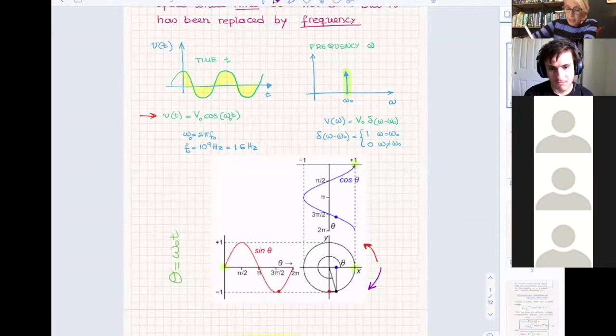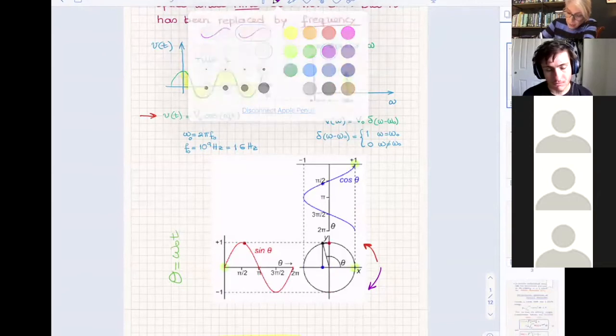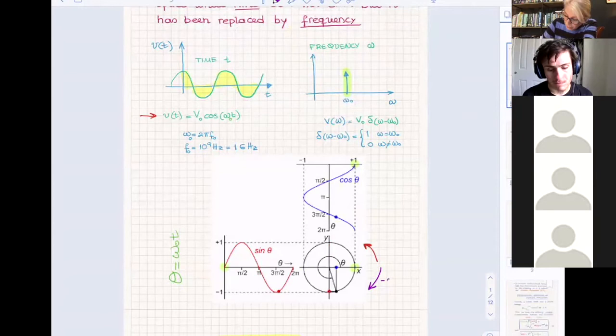So it's as if the phase here changes in the clockwise direction, and that will be equivalent to a minus omega naught frequency. So this is clockwise when the phase changes in that way. And when the phase changes in the counterclockwise direction, that corresponds to positive.